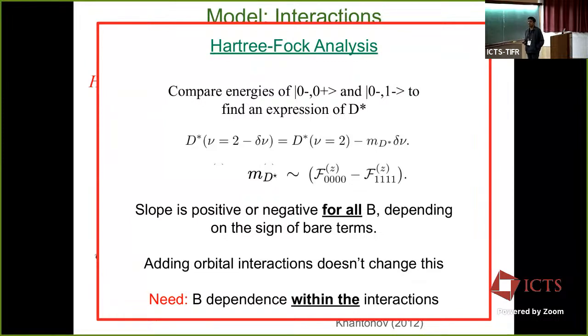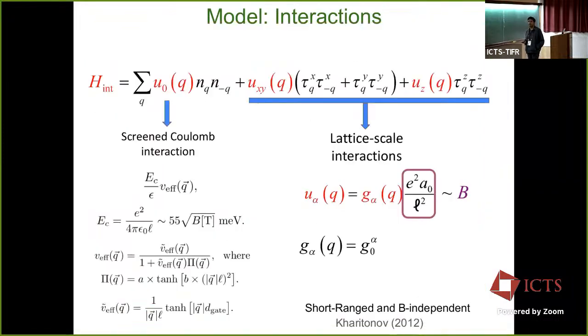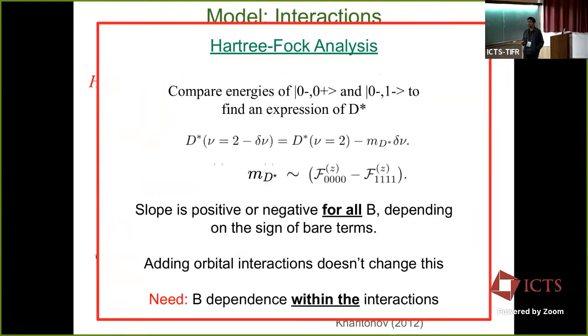And if you add more interactions to this model, which is allowed in bilayer graphene because the orbital degree of freedom does not have any symmetry, so you can in principle add an orbital structure to each of these, it doesn't actually change this. So what you really need in order to explain the change of sign of this slope as a function of magnetic field is to introduce some field dependence in the interaction itself.